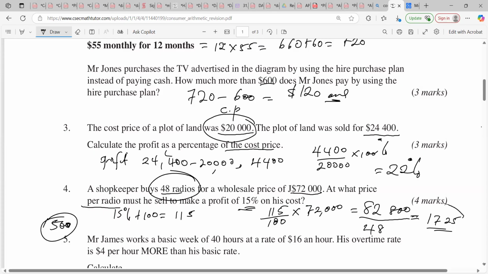So one radio would have to be sold for 1,725. That's a big jump, you know. Let me just check something: 1,725 minus 1,500. So basically he's making $225 in terms of profit. They didn't ask that, but I just checked it.